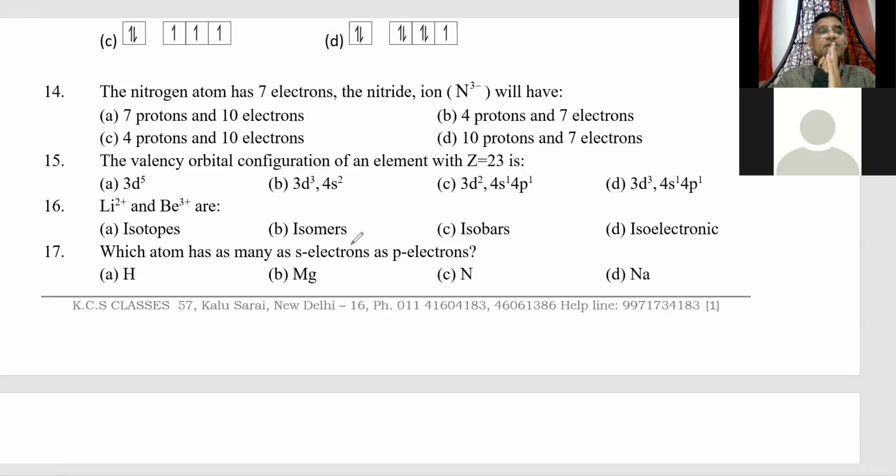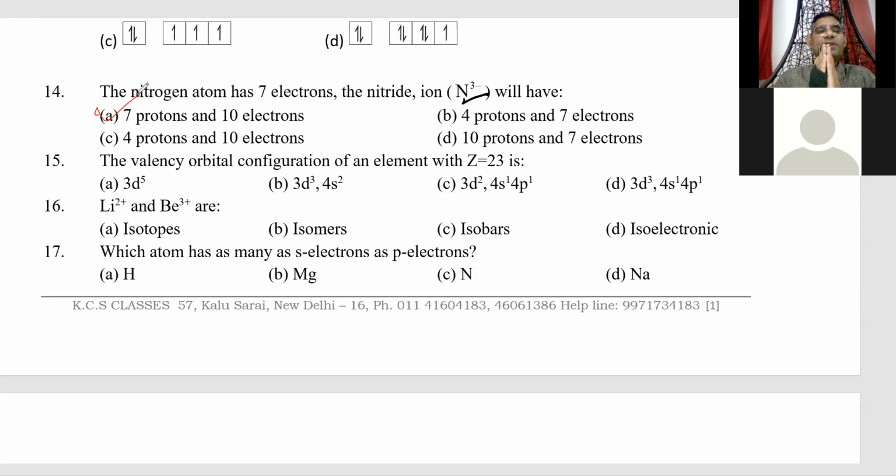In the atom, 7 electrons and 7 protons are there. But the ion given is N3-, which means 7 plus 3 electrons. So it will be 10 electrons and 7 protons. So this is the answer.